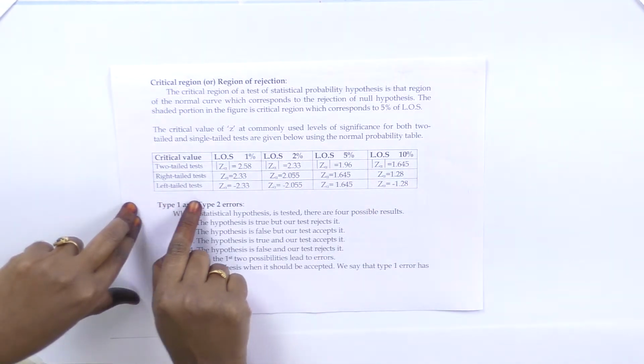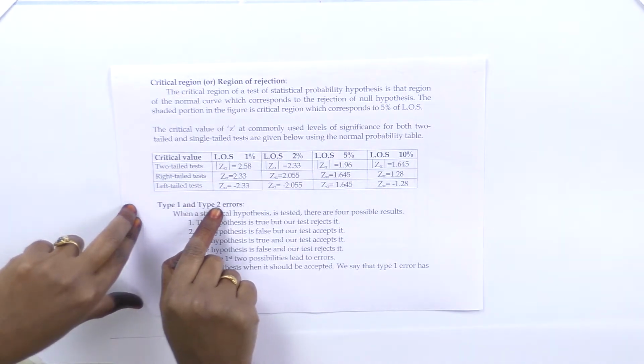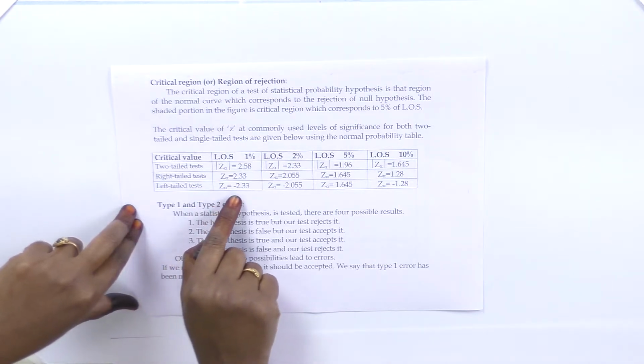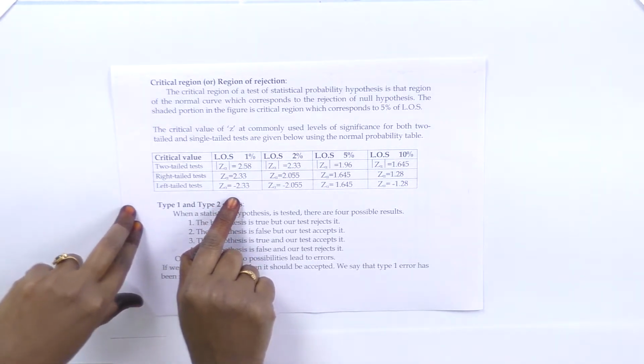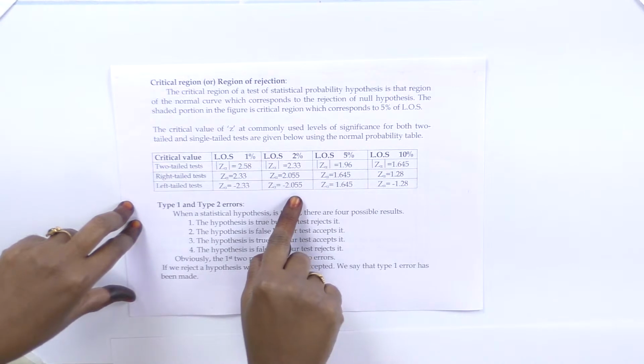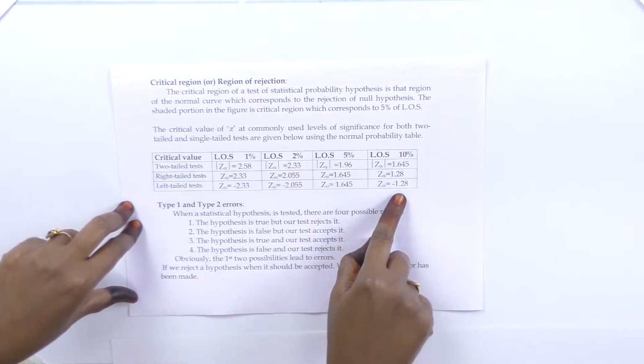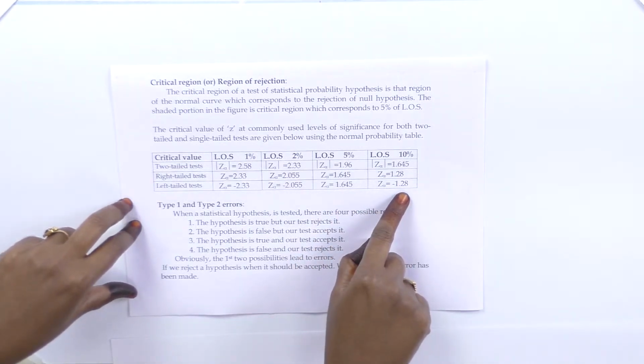Next, for the left tail test, where mu1 is less than mu2, the corresponding normal table values for a large sample are: at the 1% level minus 2.33, at the 2% level minus 2.055, at the 5% level minus 1.645, at the 10% level minus 1.28.